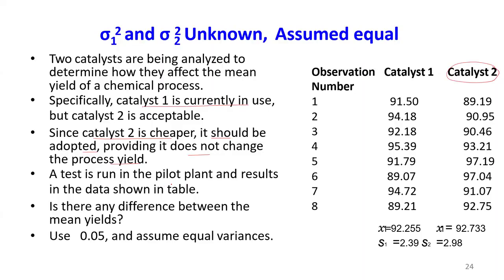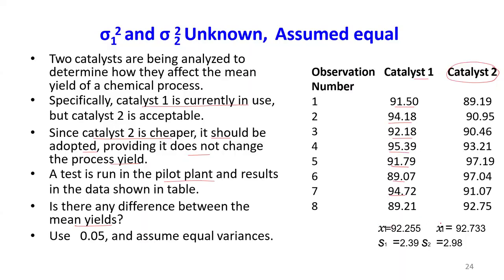They want to run it in pilot plants, and then see whether there is a statistical difference between the mean yields from each of these catalysts. So they have taken catalyst 1 and measured the yield of the process, and similarly for catalyst 2.